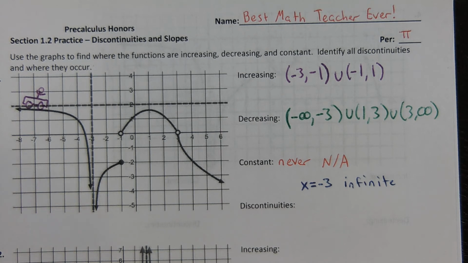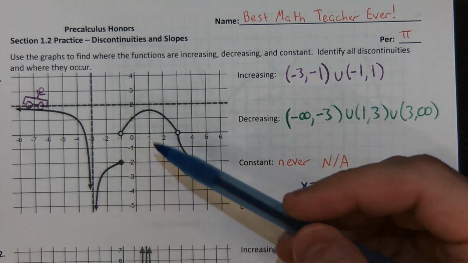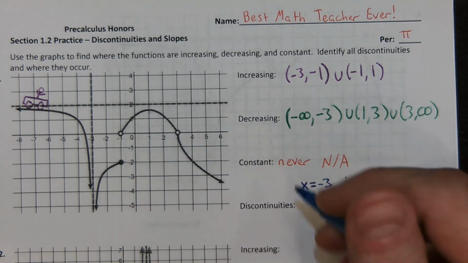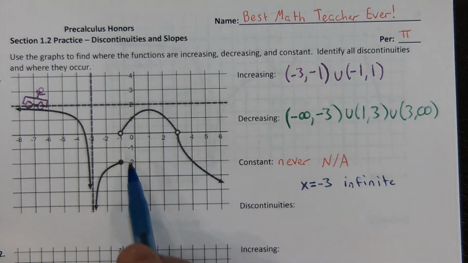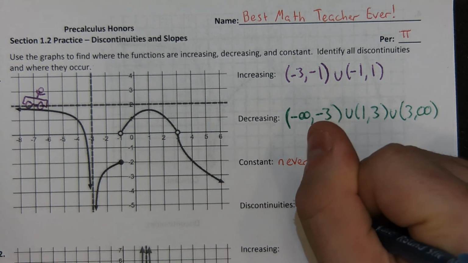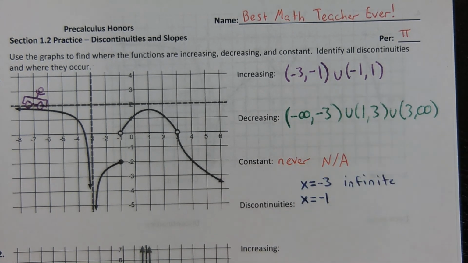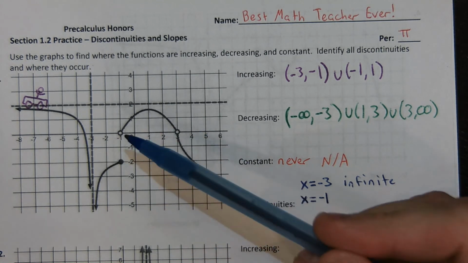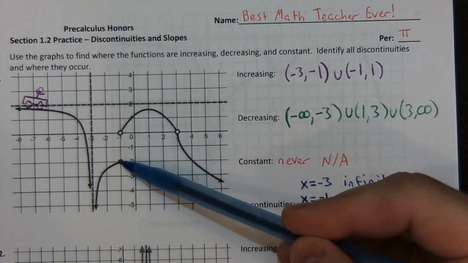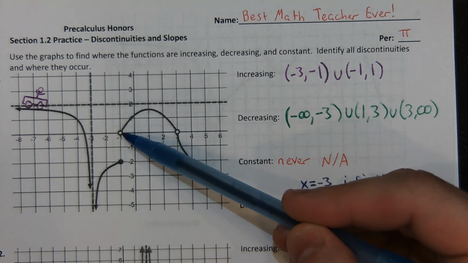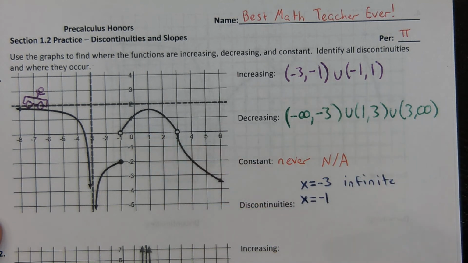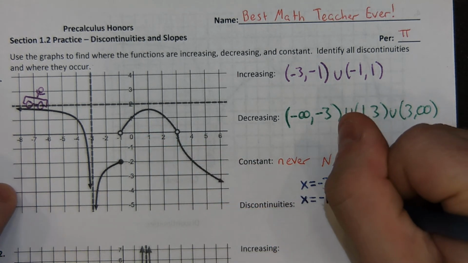All right, where is the next discontinuity? Right here at x equals, excuse me, negative 1. x equals negative 1. And because the entire graph picked up right here and jumped up to here, see how I did that? This would be called a jump discontinuity.